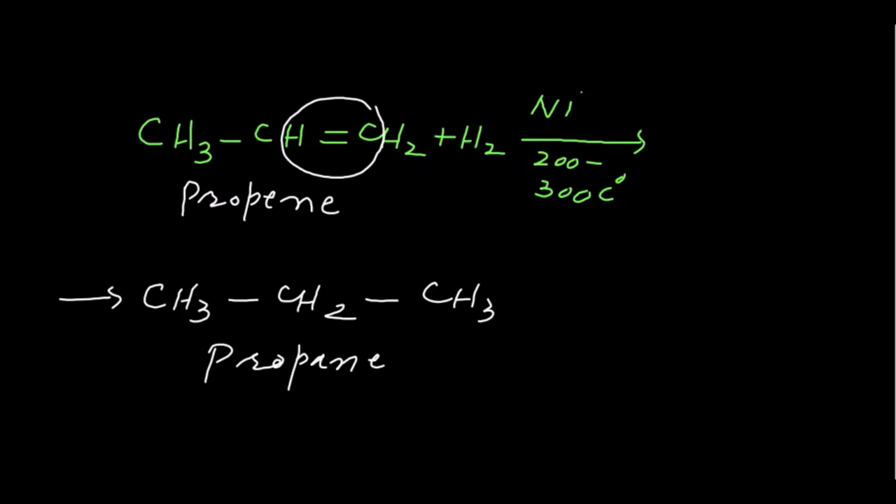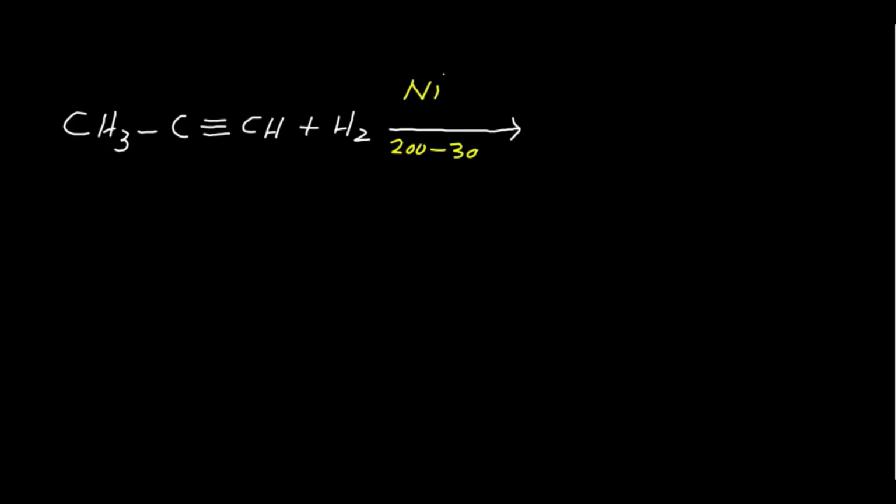One more question is given to us. We'll see the question. A compound is given. Right students, this is the compound CH3 C triple bond CH. Do the hydrogenation of this compound in the presence of the catalyst as well as the temperature range which is given. Here the catalyst used is nickel and the range of temperature is 200 to 300 degrees centigrade.